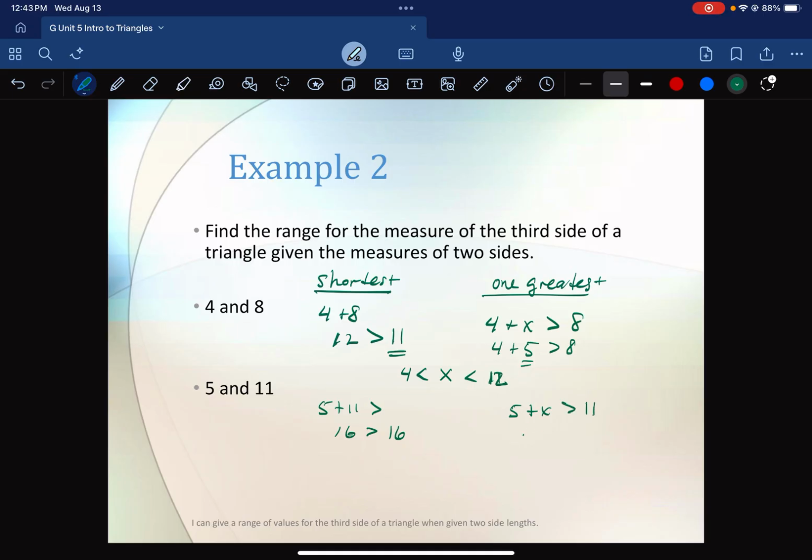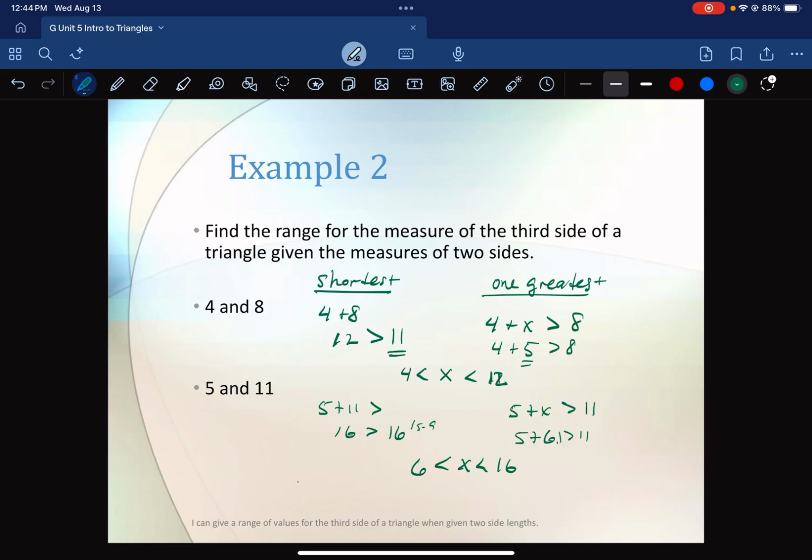Well, that would mean 6 would be equal. So my boundaries are 6 and 16. So I know that third side's got to be a little bit bigger than 6, because 5 plus something like 6.1 would get us bigger than 11, but a little bit less than 16, like 15.9.